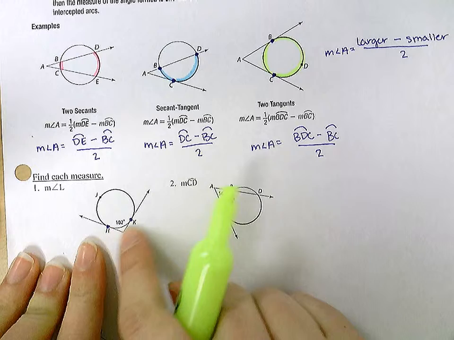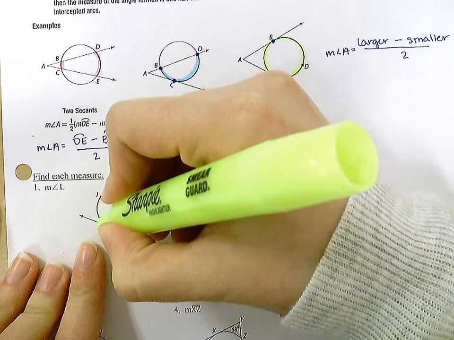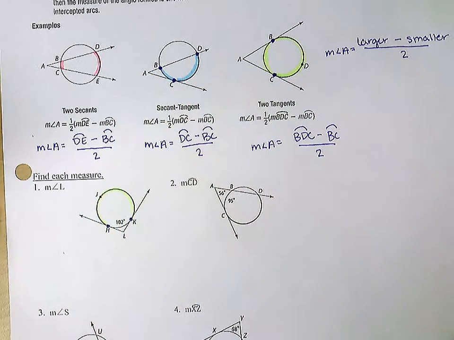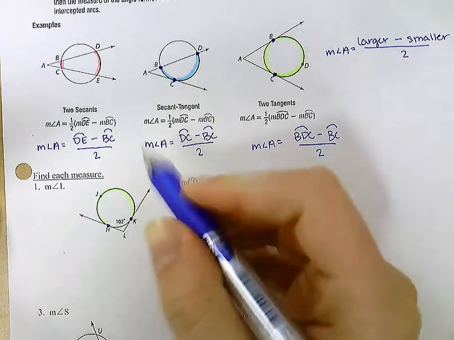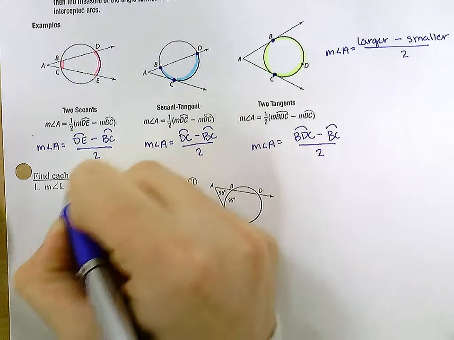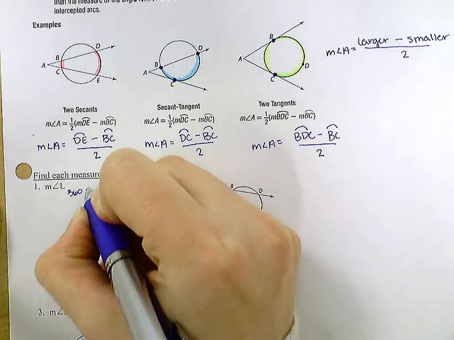I'm given arc HK, but I need to find arc HJK first so that I can use that to find angle L. Well, if HK is 102, to find HJK, I'm going to take 360 minus the arc I already know.